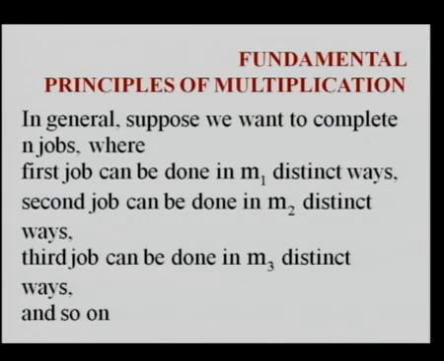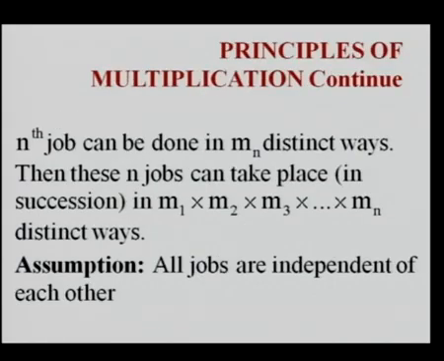The nth phase can be completed in mn number of ways, and the total complete job can be completed in m1 into m2 into m3 into mn number of ways. This is the fundamental principle of multiplication in counting. Here we assume that all the jobs are independent of each other.